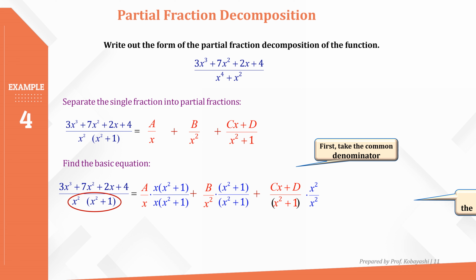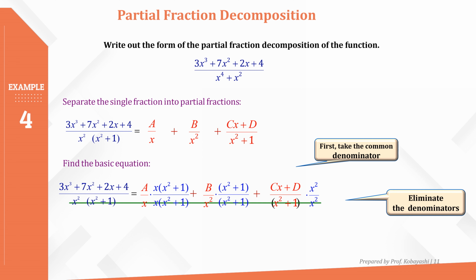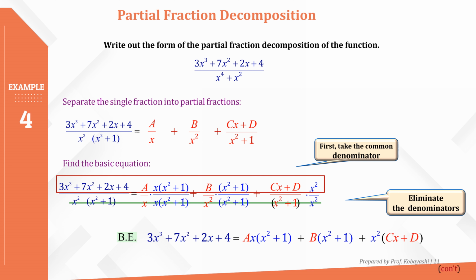Then multiply through by the bottom, so we no longer have fractions. The numerators of both sides of the equation is the basic equation we are going to use to solve for the unknown values.